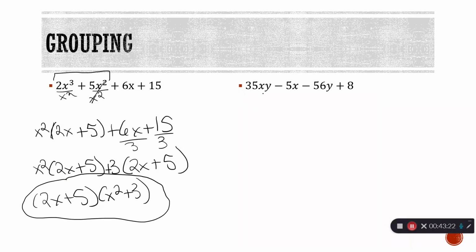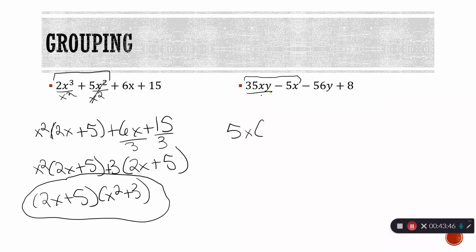Okay, let's try this one. Now we got an extra variable in here, so we got to keep that in mind. So what can I pull out here? Numbers. 35 and 5, I can pull out a 5. And I can pull out an x in both of them.